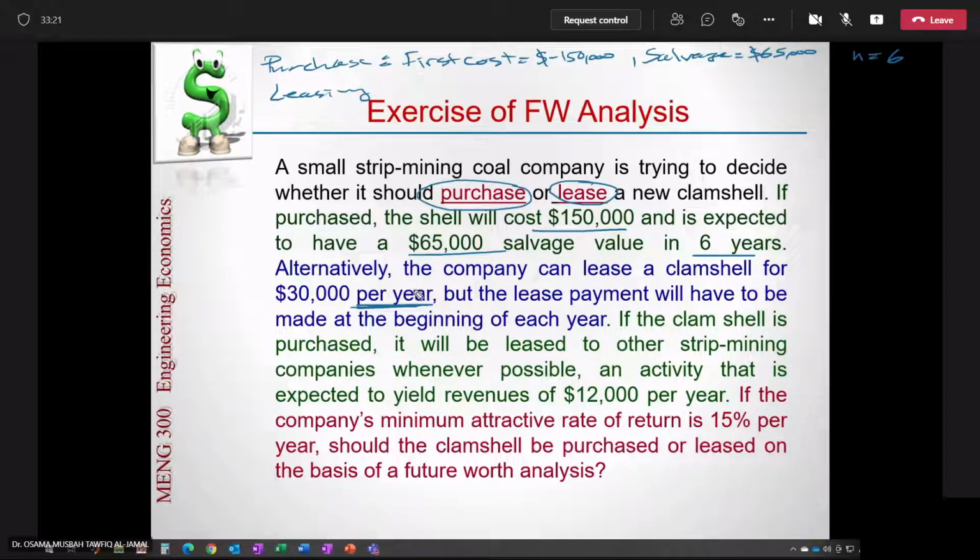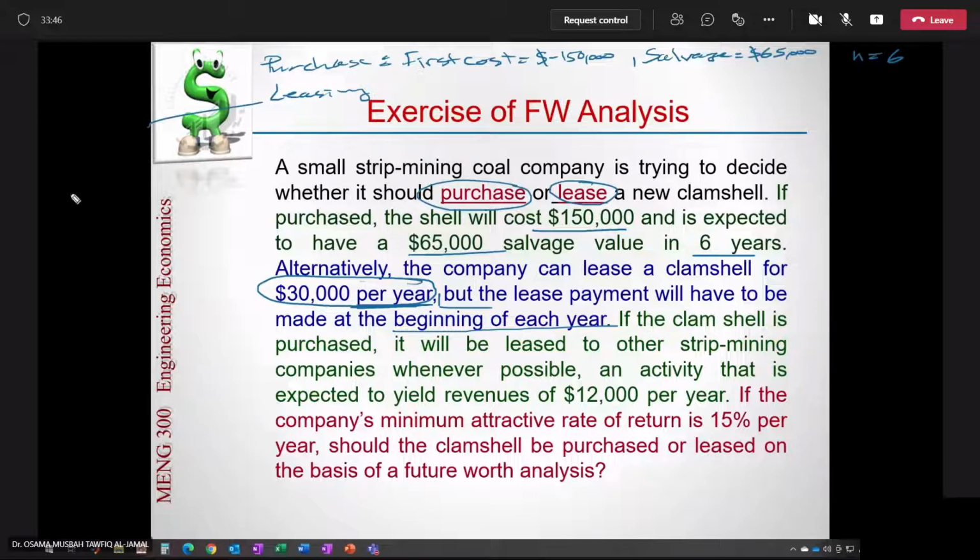Note the condition now. The lease payment will have to be made at the beginning of each year. At the beginning of each year, you're supposed to make those payments. The yearly amount starts in which period?